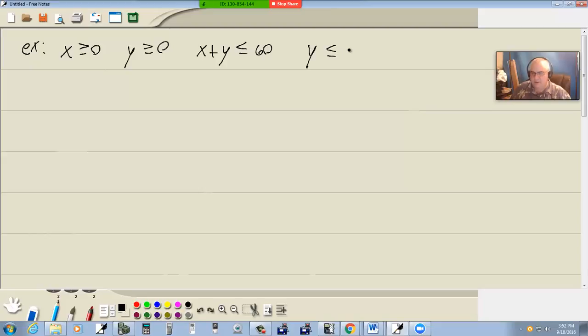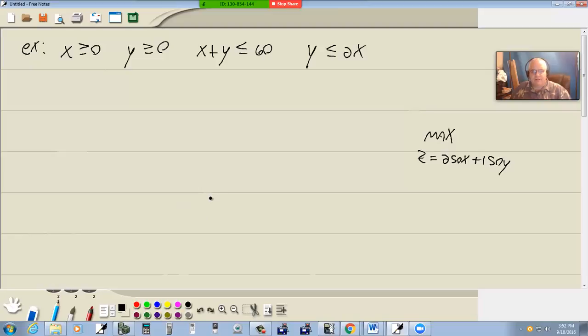Y is less than or equal to 2x. And the goal is to maximize z equal to 250x plus 150y. And you can read the book to see exactly what this means and so forth. We're just going to look at the process here. That does not replace reading the book to see its uses and so forth.